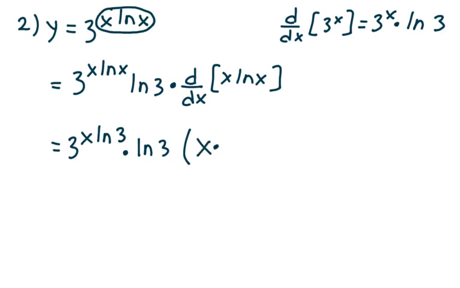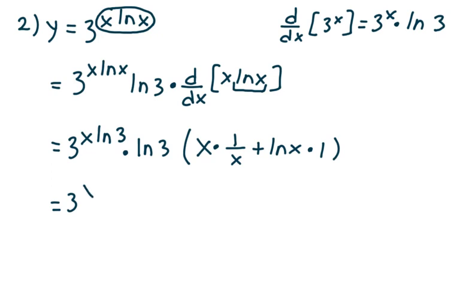I'm going to apply the product rule here. So it's x times the derivative of natural log of x, which is 1 over x, plus natural log of x times the derivative of x with respect to x, which is 1.